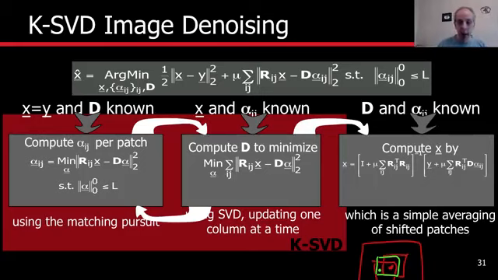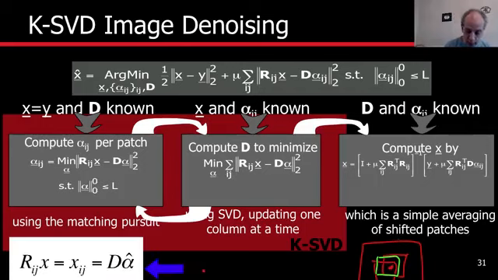And for every one of those patches, we have sparse coding with the dictionary that we have learned from all the patches in the image. So for every single one of these patches, we can reconstruct it as D alpha, with the optimal alpha that we have computed for every single one of the patches ij.